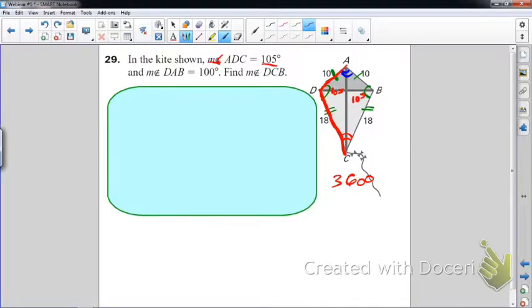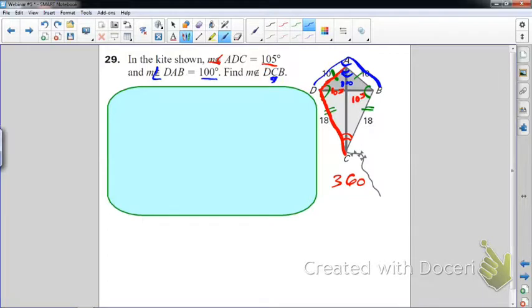And then it says, and the measurement of angle DAB, so D, follow along, A, B. Okay, so this is the angle that I'm talking about. I'm talking about angle A. Angle A is 100, which is good. Now I know three of them. All I have to do is figure out what is the fourth one. Basically, what is angle C?